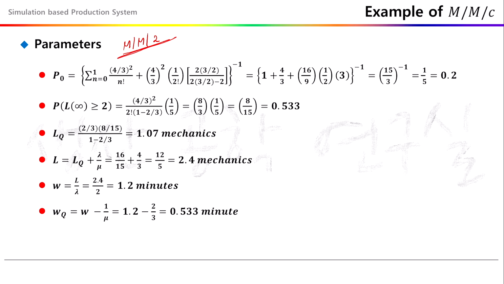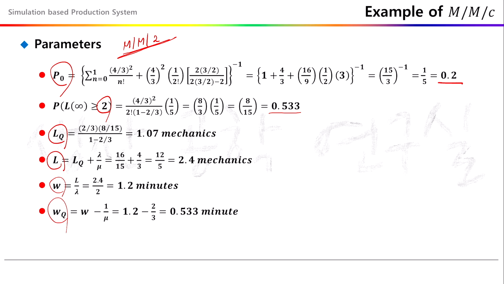In this case, with the 2 servers, the probability of 0 customers is 20%, and the probability of more than 2 customers is about 50%. And the LQ and L, also W and WQ, can be calculated like this.